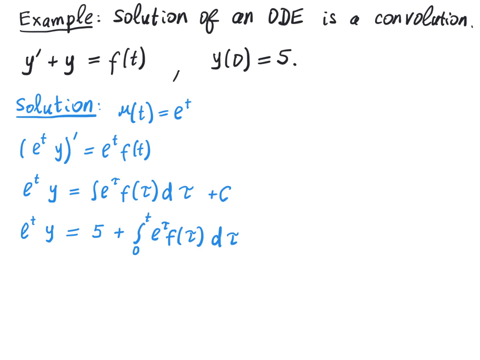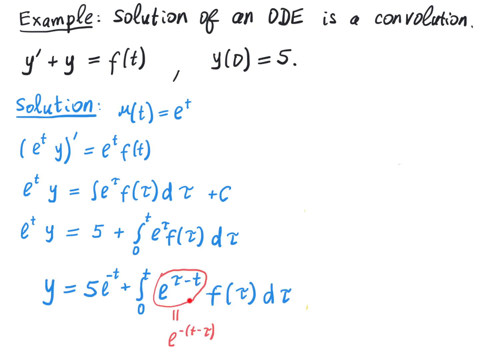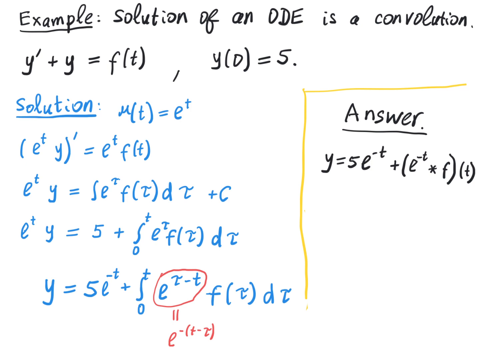So our initial condition is satisfied. Now observe that the exponential function in the integral can be written as e raised to minus (t minus tau). So this integral is actually the convolution integral discussed in the previous slide. So now the answer can be written as 5e to minus t plus the convolution of the function e to minus t and f.